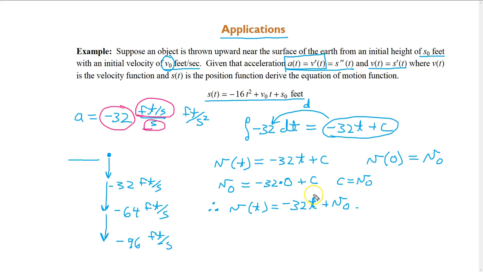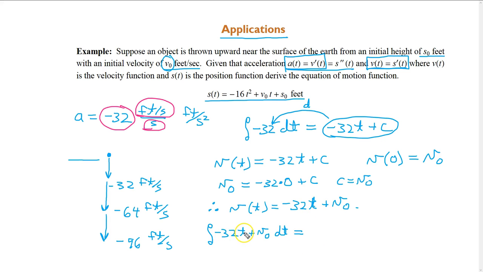Now we want to find our position function. From this equation, if we take the position function and differentiate it, we get our velocity. So to find our position function, we need to take the antiderivative of this.